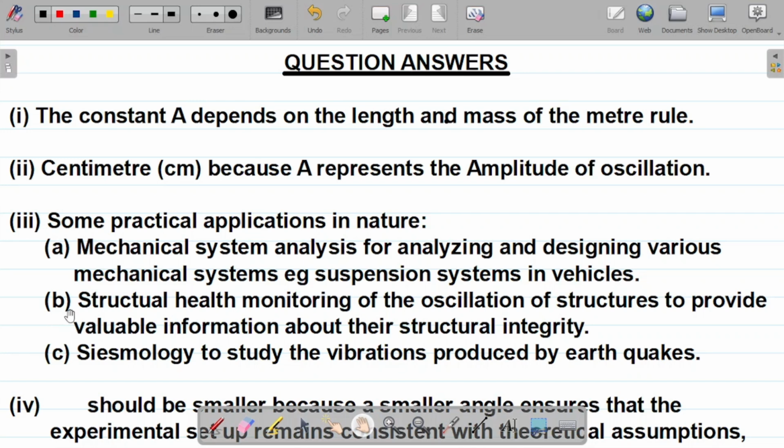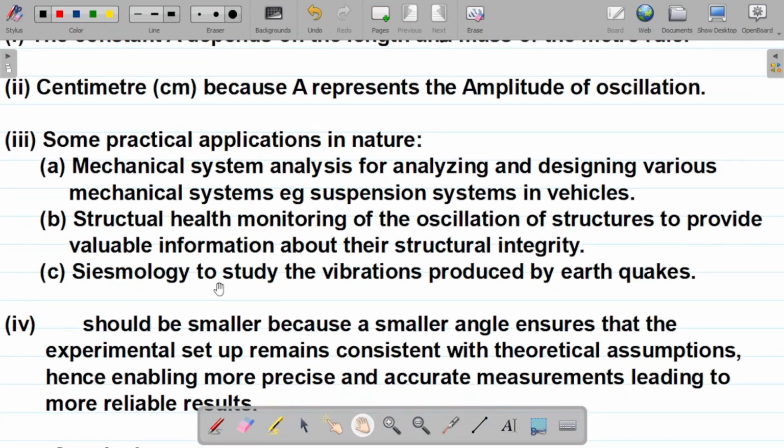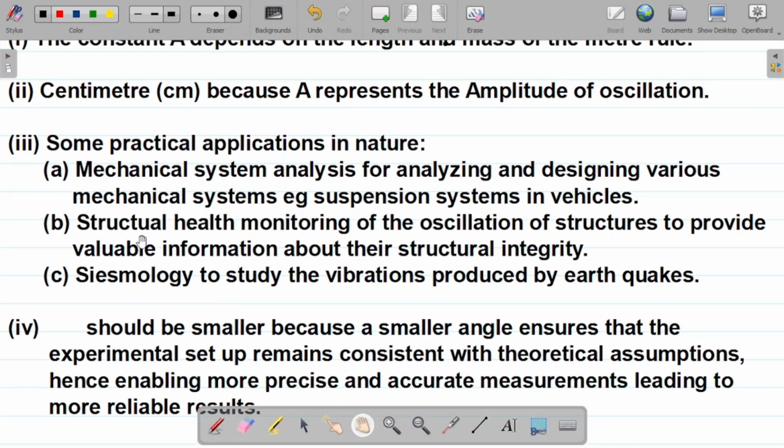Also, the setup can be used for structural health monitoring of the oscillation of structures to provide valuable information about their structural integrity. Now, this one is for civil engineers. Also, the setup can be used for seismology to study the vibration produced by earthquake. When we say seismology, we're talking about the study of earthquakes and the likes, right? So it can also be used to study the vibrations produced by earthquakes.